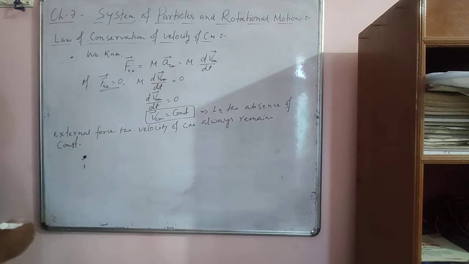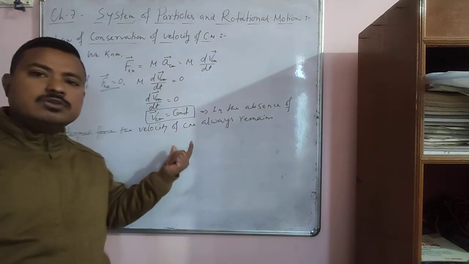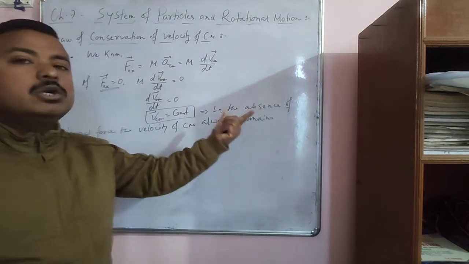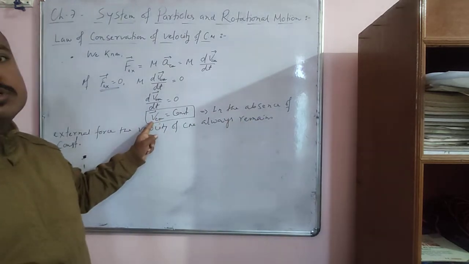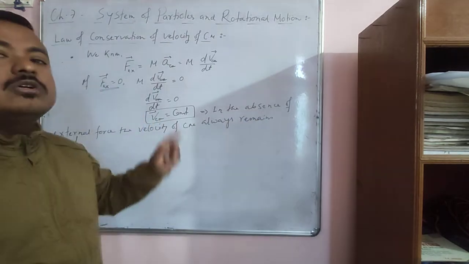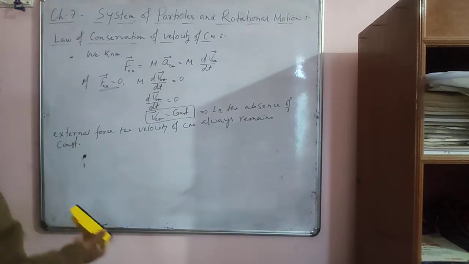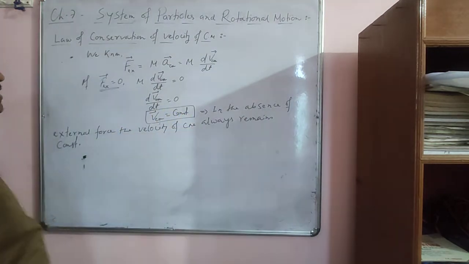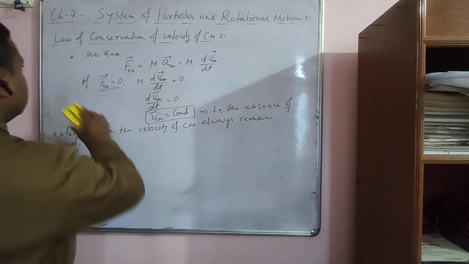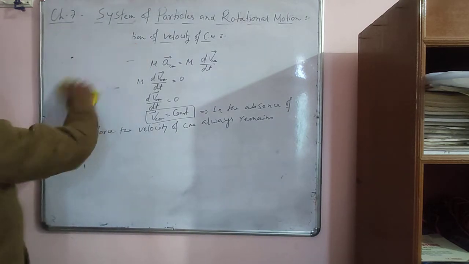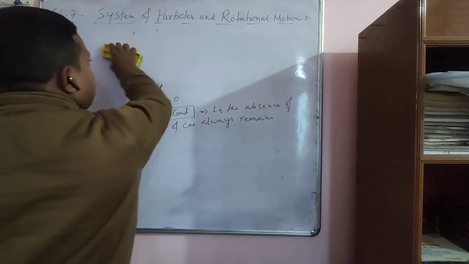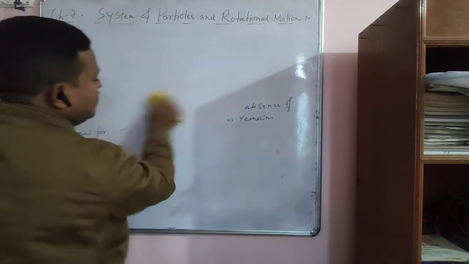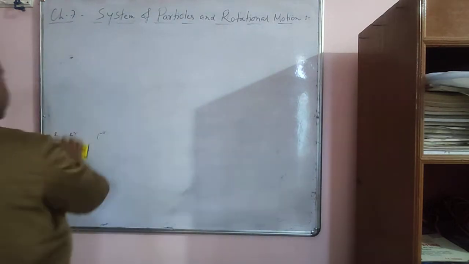That means if we do not apply any external force, in that case center of mass continues to move with the same velocity. Velocity of center of mass will not change. Okay, so this is called law of conservation of velocity of center of mass. Okay, now let me solve some questions from velocity and acceleration of center of mass. Okay, then it will be clear.